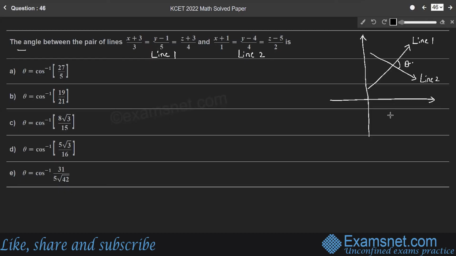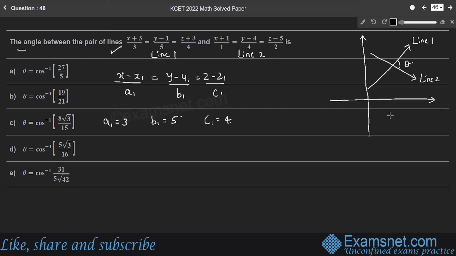Generally we'll consider line 1 as (x minus x1) by a1 is equal to (y minus y1) by b1 is equal to (z minus z1) by c1, right? So this is the formula for line 1. According to the question, a1 is 3, b1 is 5, the denominators, and c1 is 4.